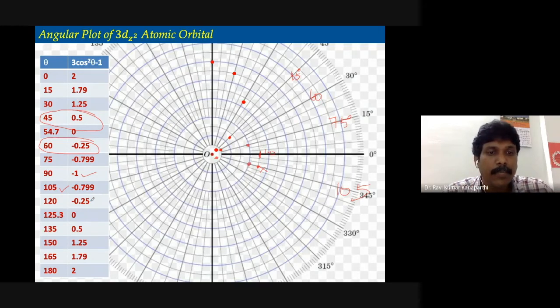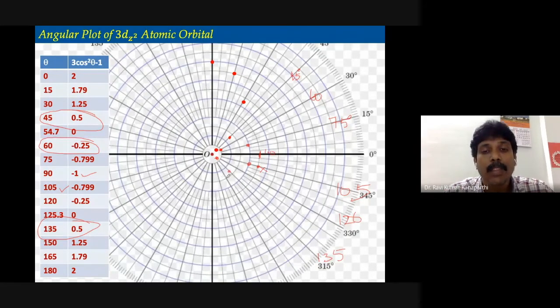Then at 120, this is this angle. At this angle it is 0.25, that is here. Then again at 135 we will go. This is 120, and this is 135. This will be at 0.5. So where is 0.5? This is 0.4, and this will be somewhere here.